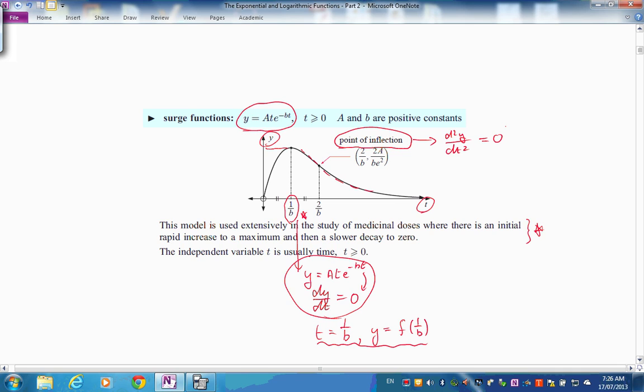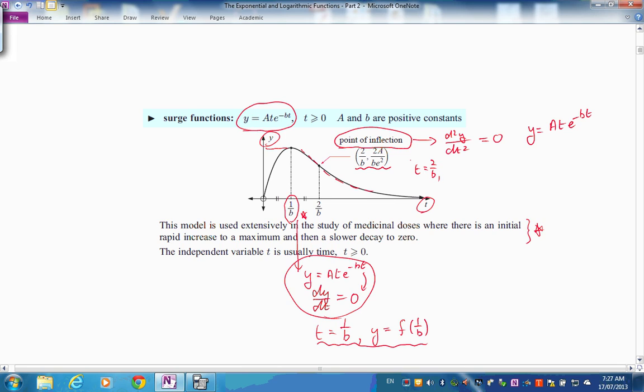You might not want to find the second derivative of a function like this unless they make you, unless they say show algebraically, then you have to do it.